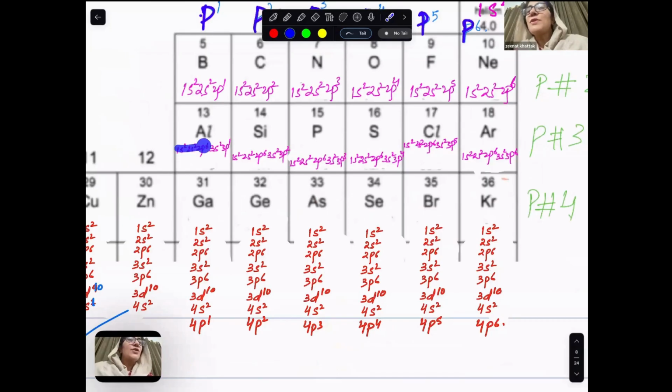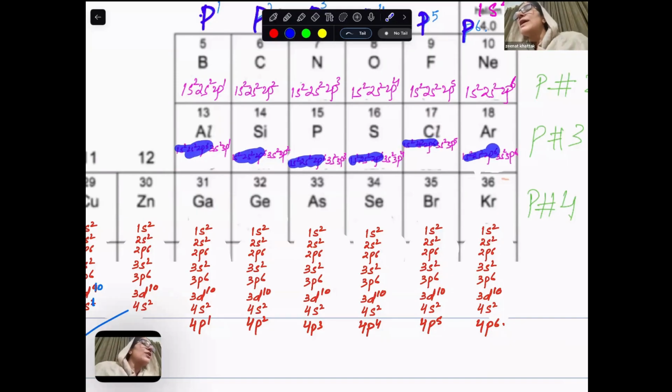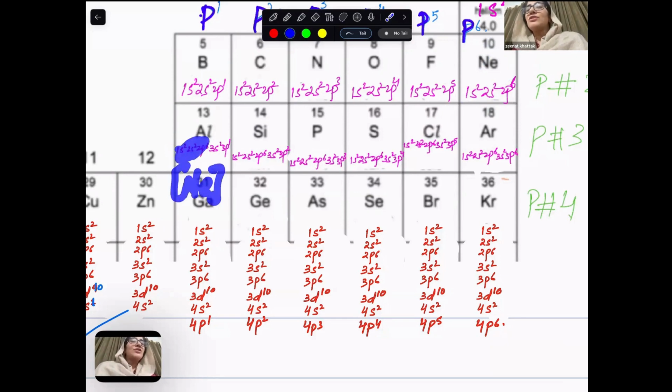Neon 3s2, 3p1, neon 3s2, 3p2, neon 3s2, 3p3, and so on. Like the 10 electrons are represented by neon, right? So in the place of 1s2, 2s2, 2p6, what are you supposed to write? Neon and 3s2, 3p1.